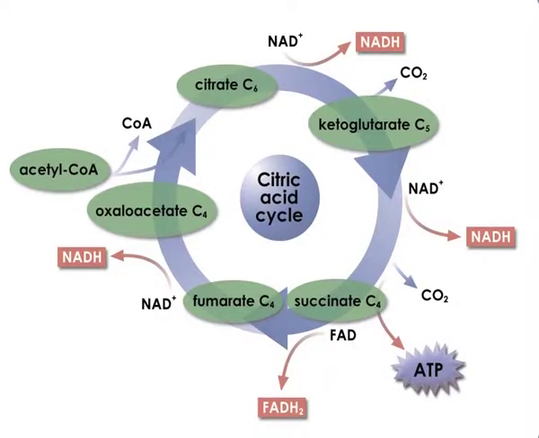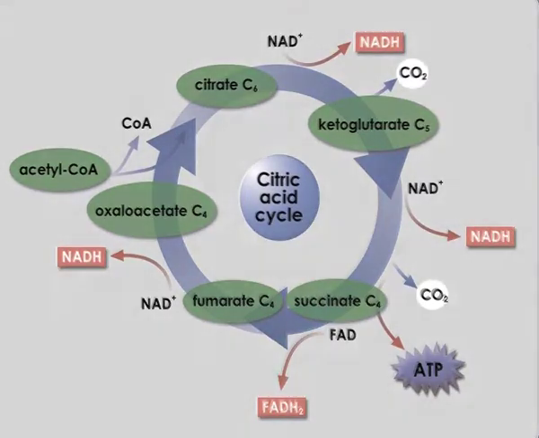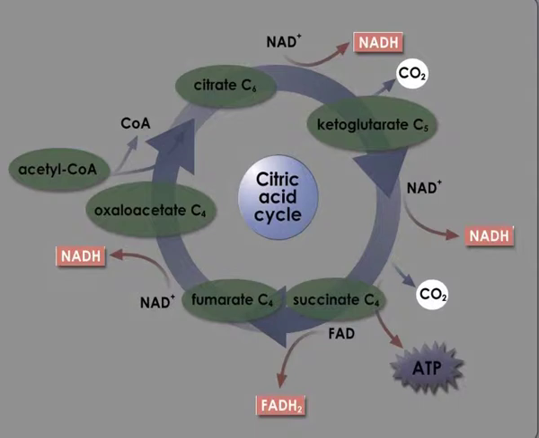So, the citric acid cycle basically results in release of 2 carbon dioxides, formation of 3 NADH2s and 1 FADH2. In the next class, you will be learning how 3 NADH2s will yield 3 into 2.5 ATPs and 1 FADH2 will yield 1.5 ATP.